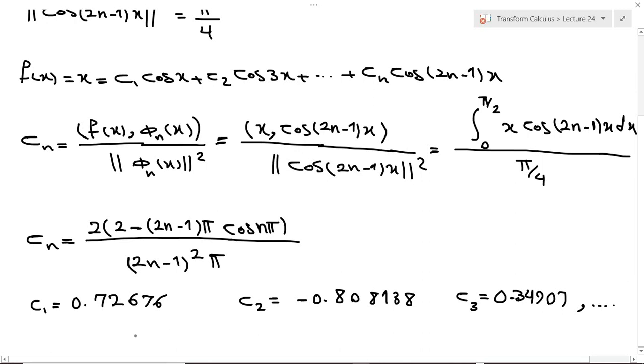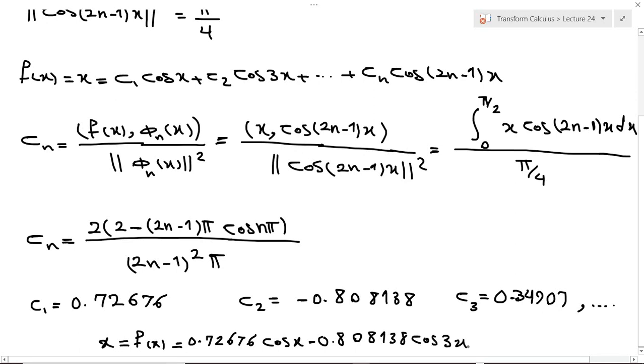As a result, we can say that f(x), which in this example is x, is equal to c1, 0.72676 cosine x, minus c2, 0.808138 cosine 3x, plus c3, 0.34907 cosine 5x, and so on.